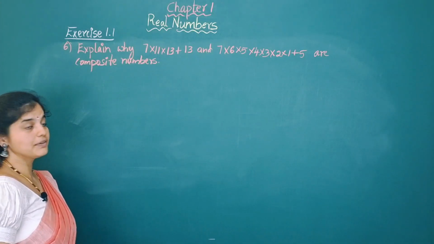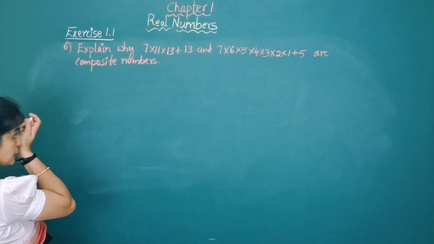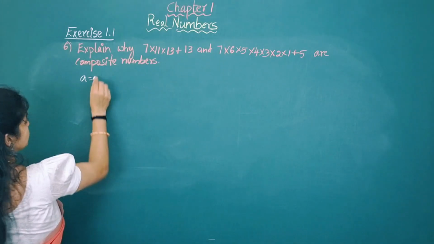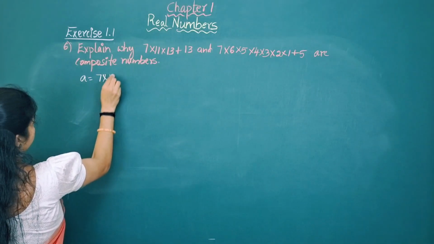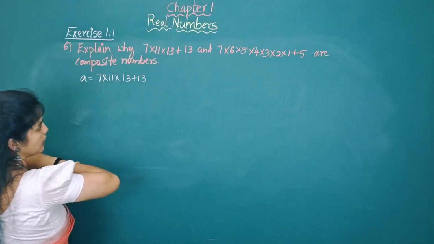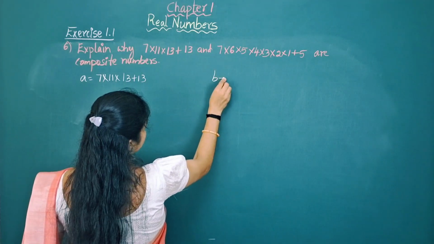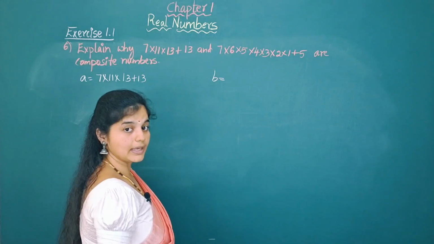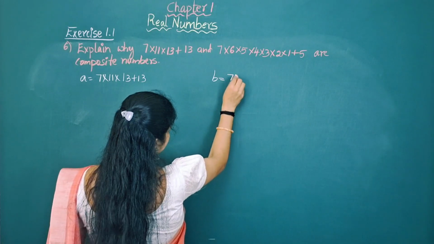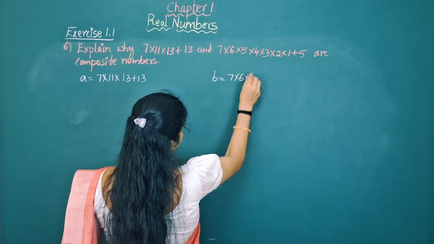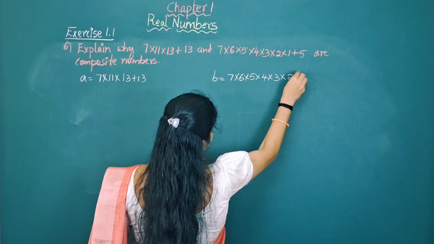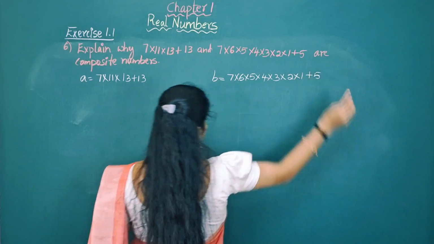So now we are given two numbers, right? Let us consider the first number as A, that is 7 into 11 into 13 plus 13. And let me take the other number as B. So we have 7 into 6 into 5 into 4 into 3 into 2 into 1 plus 5.